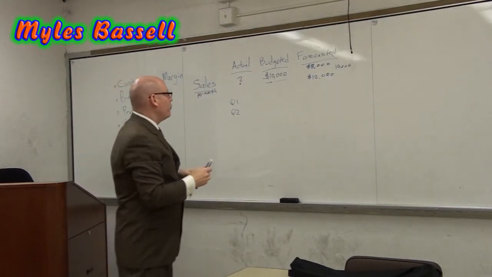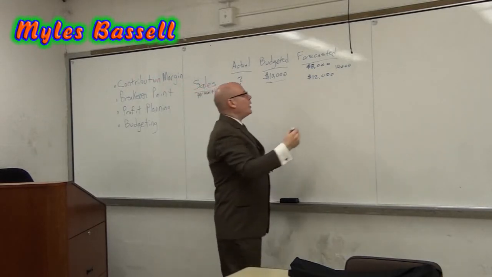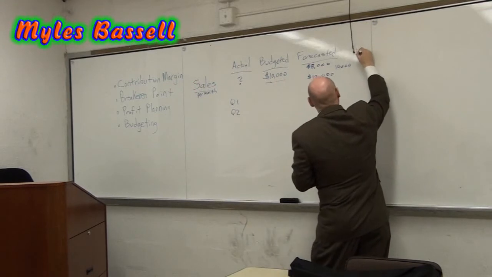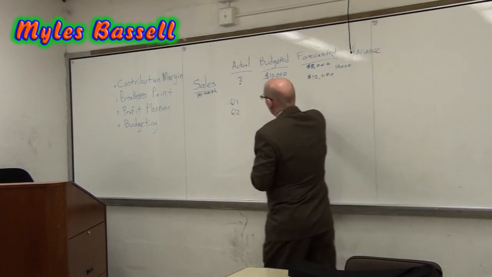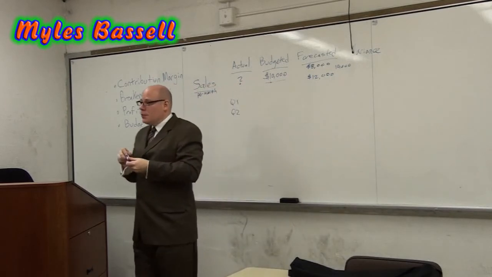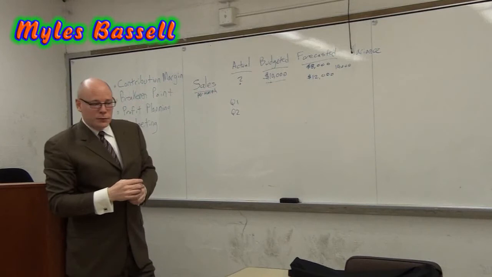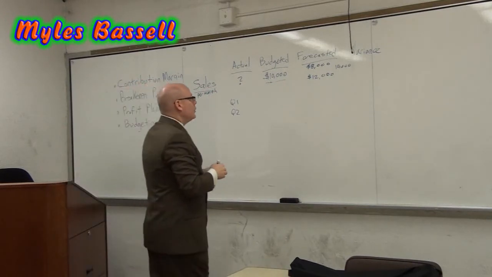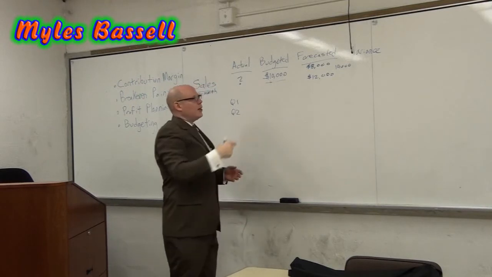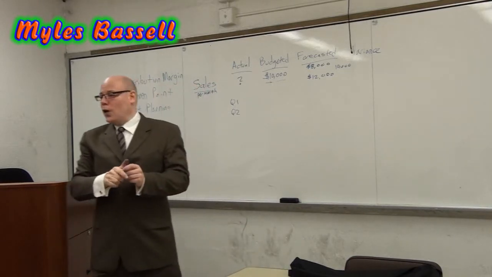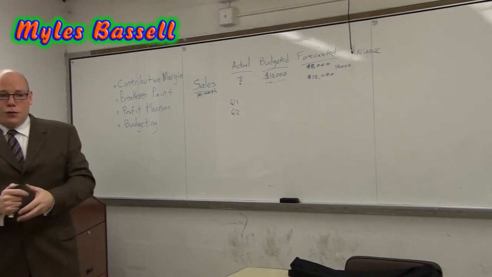So now we have what we call a positive variance. So we're going to look at variances, and we're going to look at the variance, the difference between what was budgeted and actual. And we're also going to look at the difference between what was budgeted and what's forecasted. Because we want to know where there's going to be a shortfall.